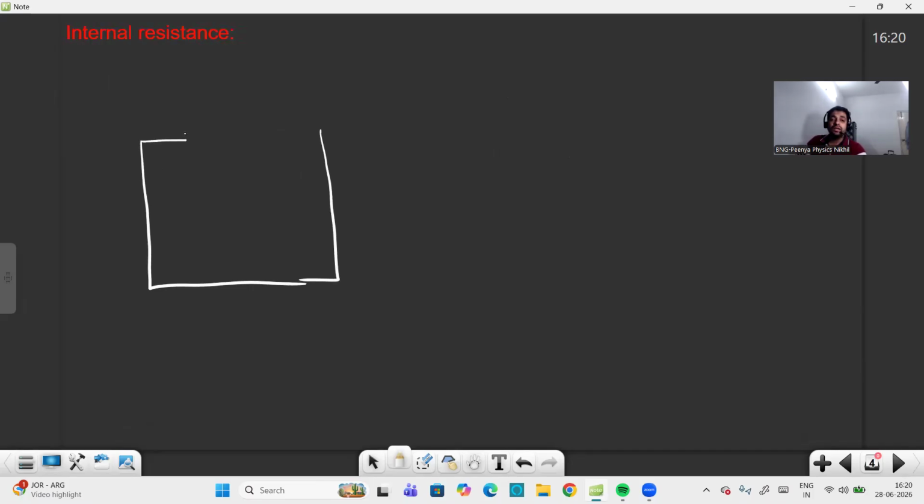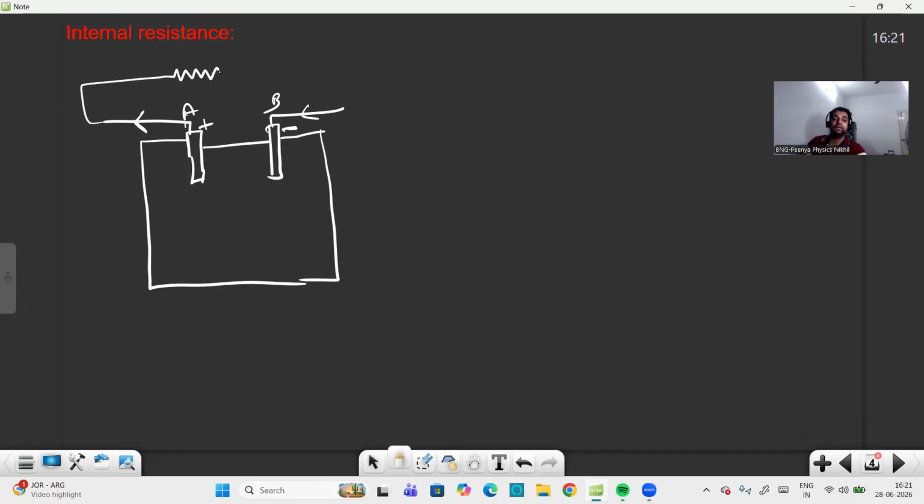In any cell you will find two terminals, plus and minus, and if you open any cell or battery, you will find some chemicals inside it. From one terminal, current goes to the outer circuit and then comes back to the cell.